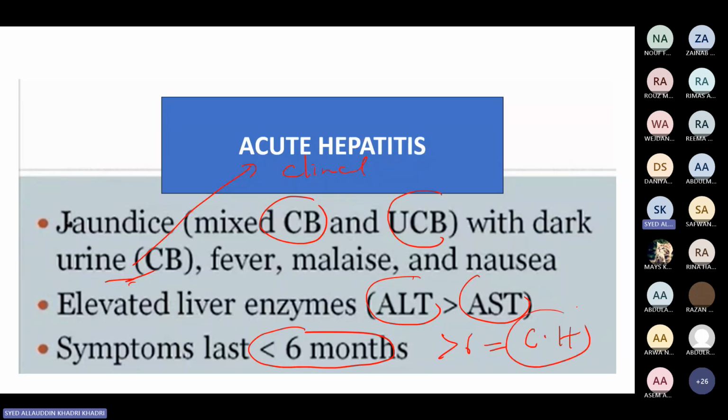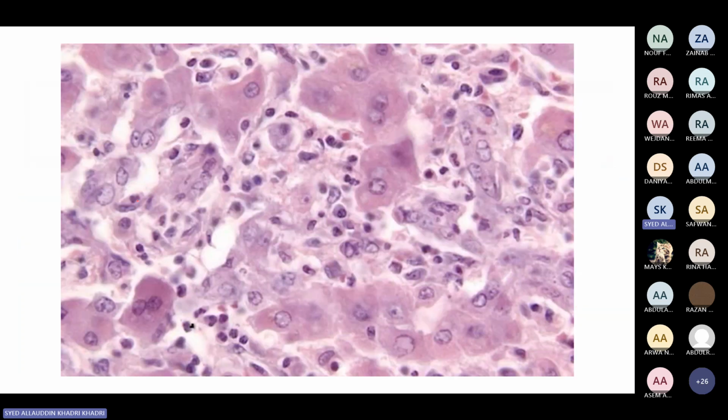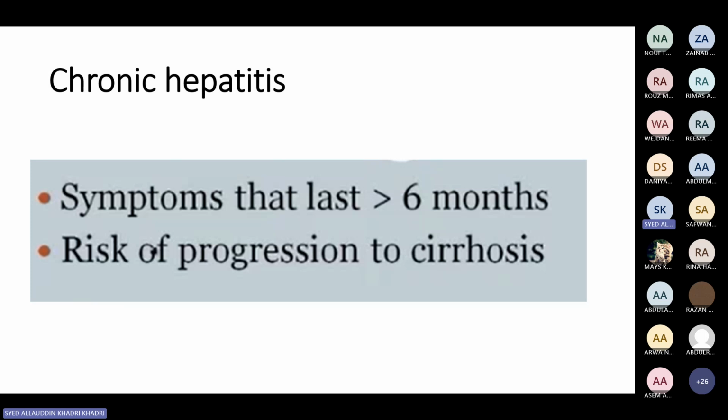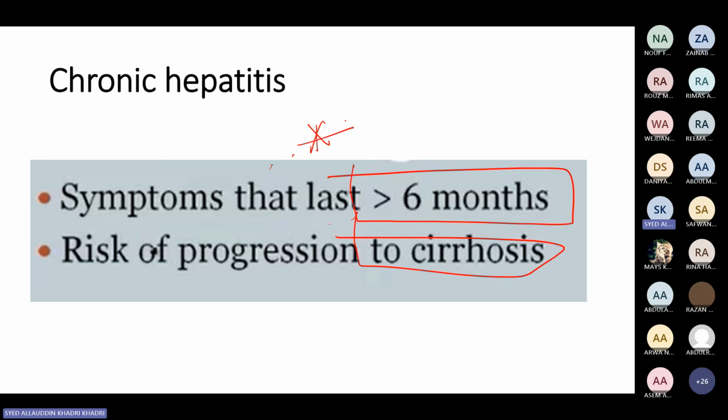Remember, okay? And we can see over here in acute hepatitis, a lot of inflammatory cells are blue, and even affecting the canaliculi as well as the hepatocytes very clearly. Chronic hepatitis definition: more than 6 months of symptoms, risk of progression to cirrhosis, very important. Okay.